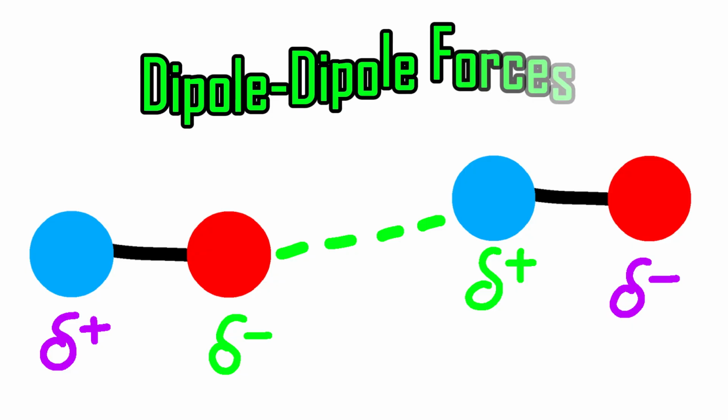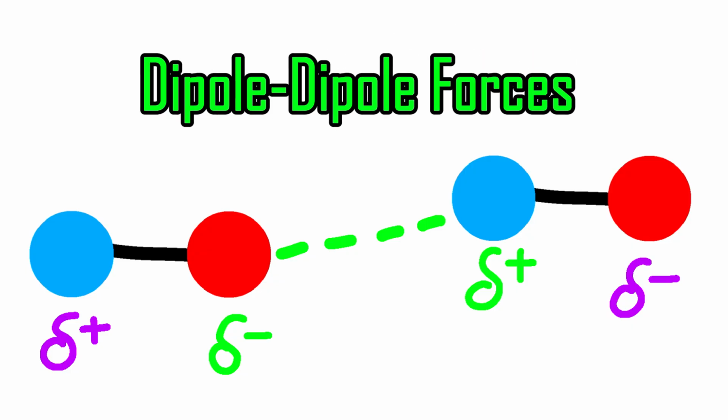The attraction between the partially positive and partially negative regions of polar molecules is called dipole-dipole forces. Because dipole-dipole forces are more permanent than LDFs, they're considered stronger than LDFs. In addition, while LDFs appear in all covalent molecules, dipole-dipole forces only occur in polar covalent molecules.